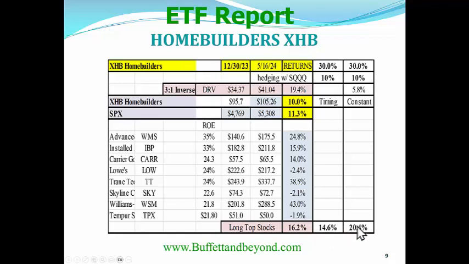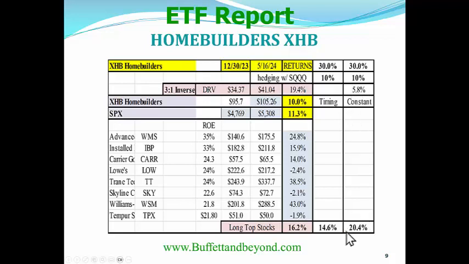And now here's something that's very, very different. If we use the inverse, and it's called DRV, the 3-for-1 inverse home builders, that actually made money for us. So this is highly unusual. So I don't suggest you go out and use this yet until we finish a lot of testing this year on this particular home builders ETF.